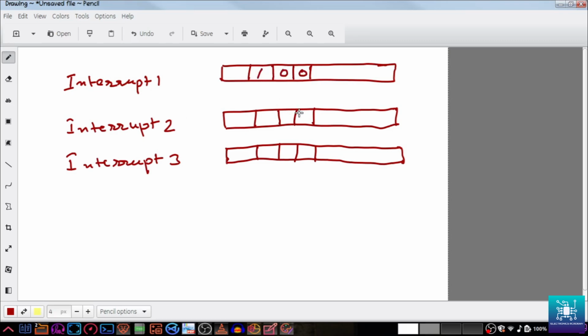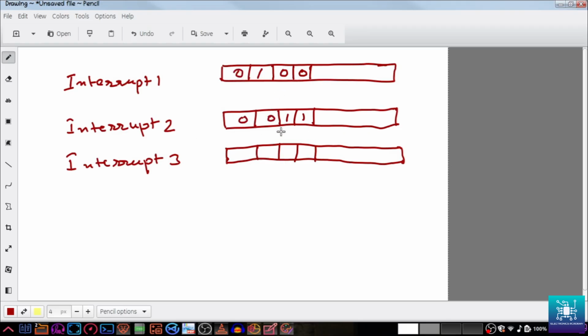Say interrupt 2 has a priority of 3, so it is 0, 1, 0, 0, 0, 0, 1, 1.